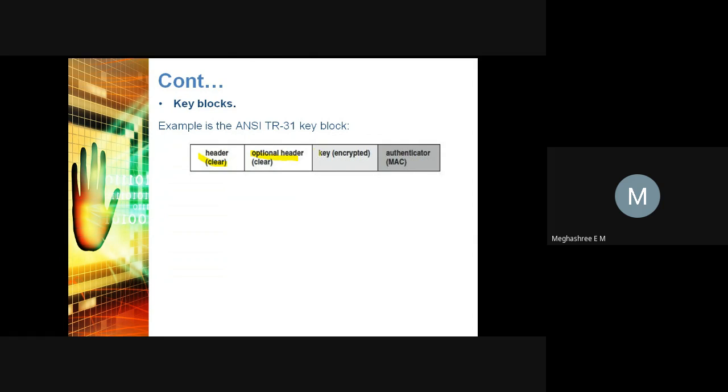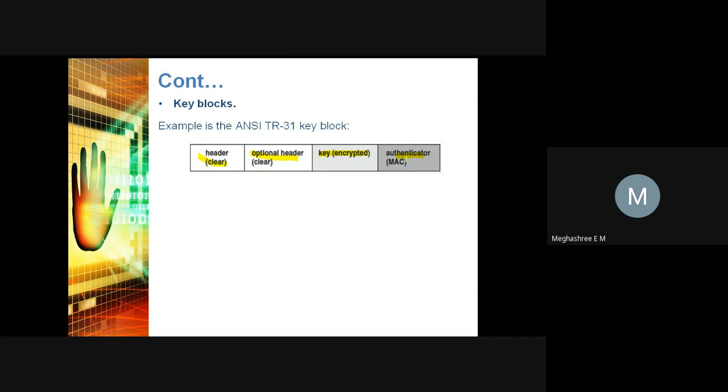And the key is encrypted using a suitable key for encrypting data. And the last one is the authenticator. This authenticator is a MAC on the rest of the key block, which provides data origin, or you can say data integrity, of the key block data.